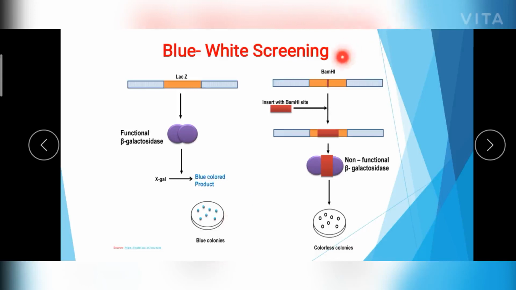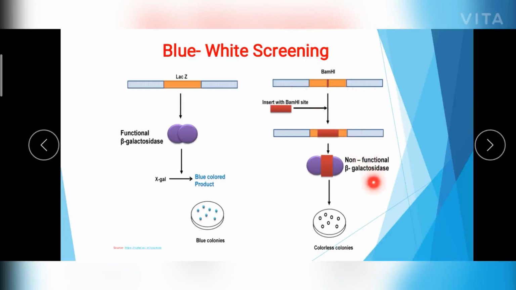So whenever you insert a foreign gene in this marker gene, the marker gene gets inactivated. This method of inactivation is called insertional inactivation. By inserting the foreign gene in the marker gene, it loses its property.